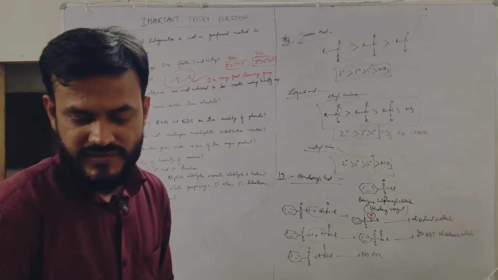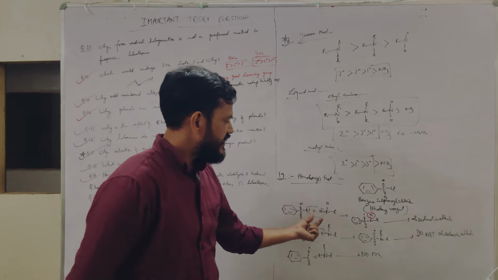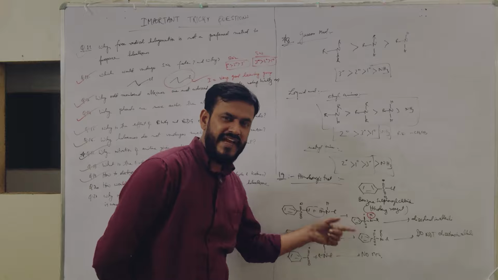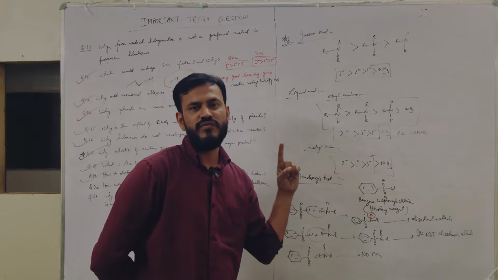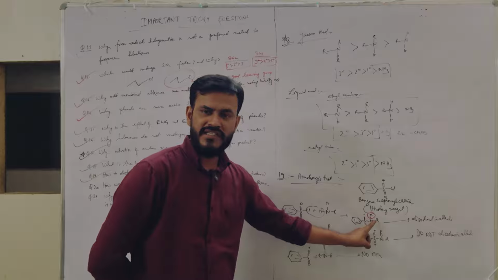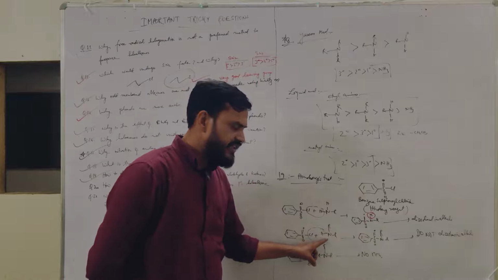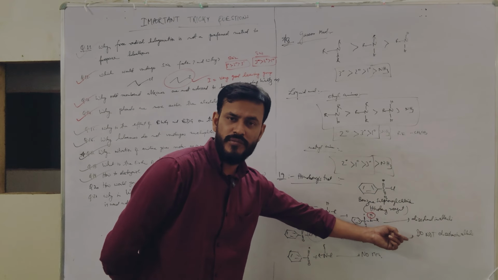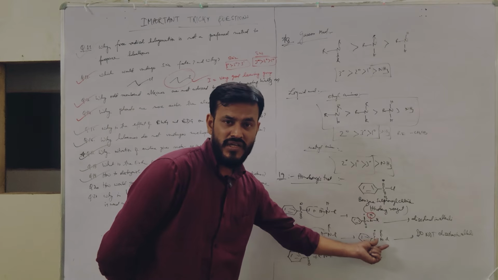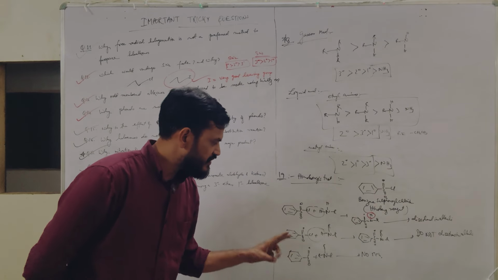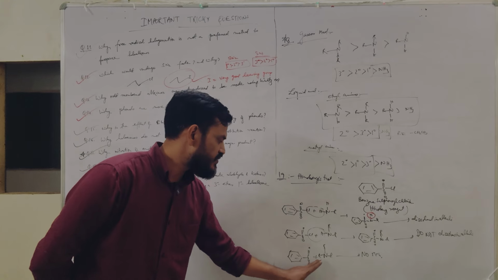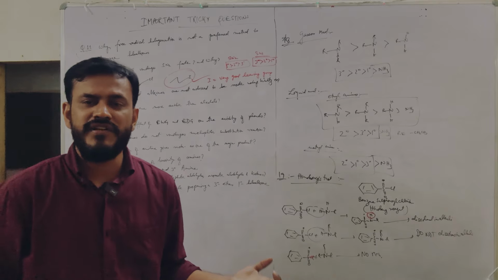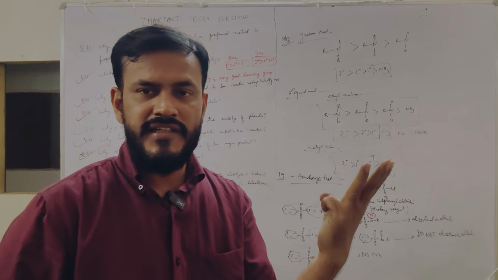So how to distinguish? First of all, we take a solution. If it reacts with Hinsberg reagent and the product dissolves in alkali, then it is a 1-degree amine because of the presence of acidic hydrogen. For 2-degree amines, it will react with Hinsberg reagent, but it won't dissolve in alkali because there is no acidic hydrogen present. For 3-degree amines, there is no hydrogen present, so it won't react with Hinsberg reagent. So there is no reaction. That is how we distinguish between 1-degree, 2-degree, and 3-degree amines.